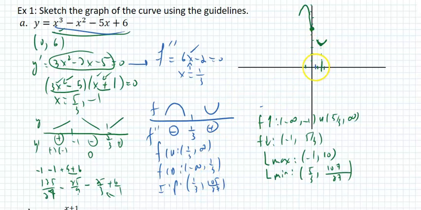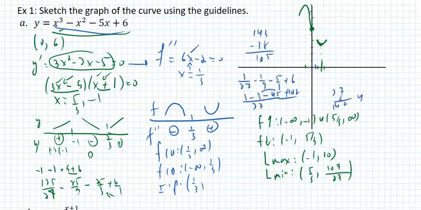Again, something's not right. Yeah, the mistake was right there. This was 1, this is 162, minus 45 is 125 divided by 27.